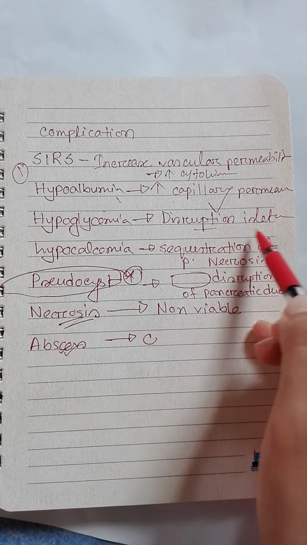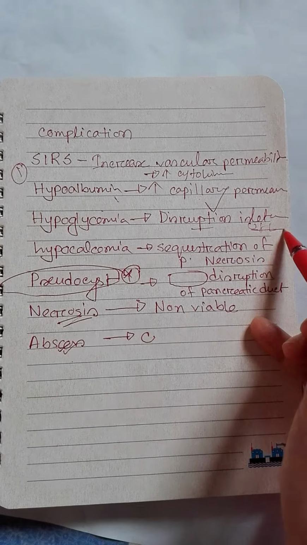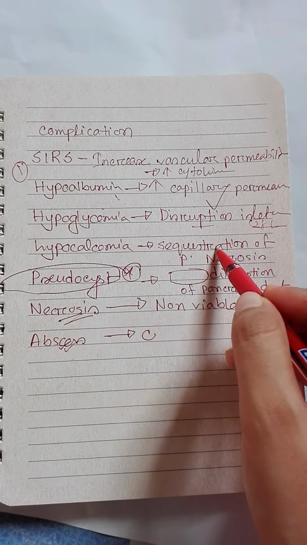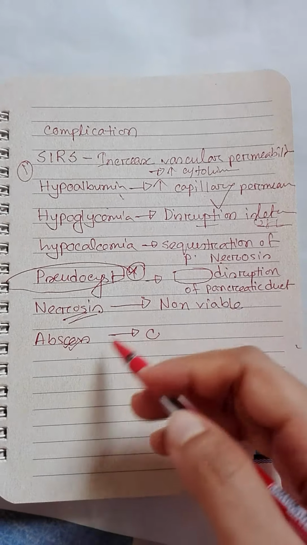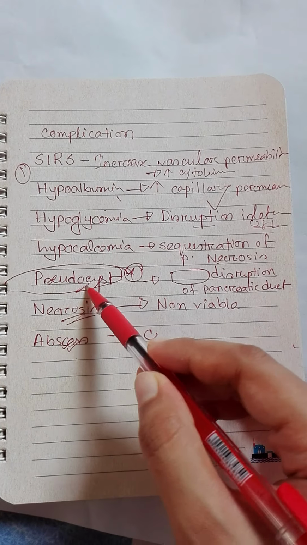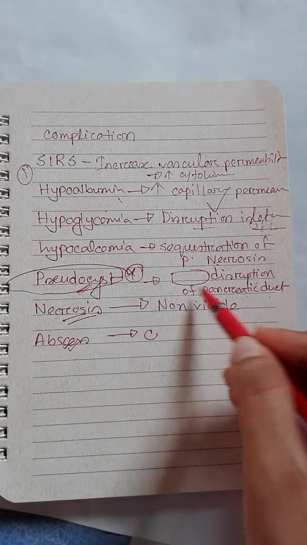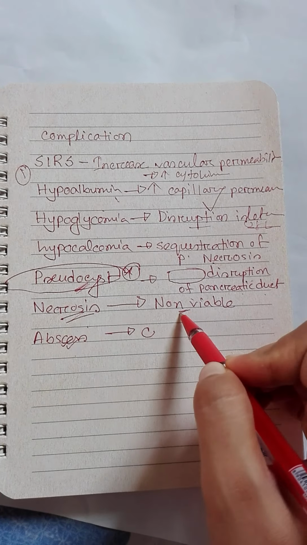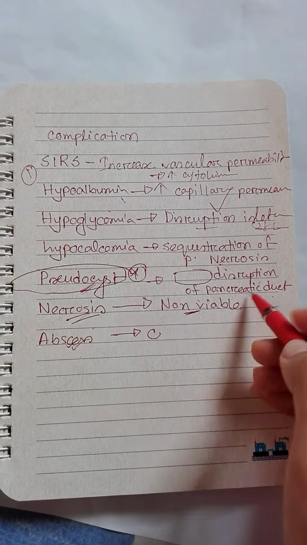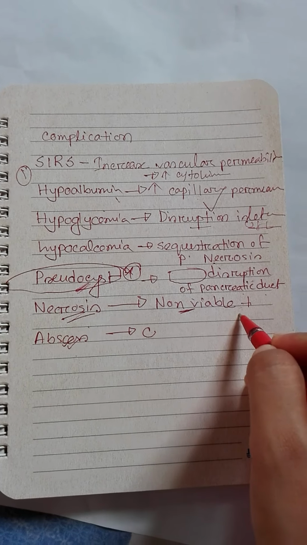Hypoglycemia, because of disruption of islets of Langerhans. Then hypocalcemia, because of sequestration in pancreatic necrosis. Then pseudocyst, because of disruption of the pancreatic duct. Necrosis, because non-viable tissue or cells are found.